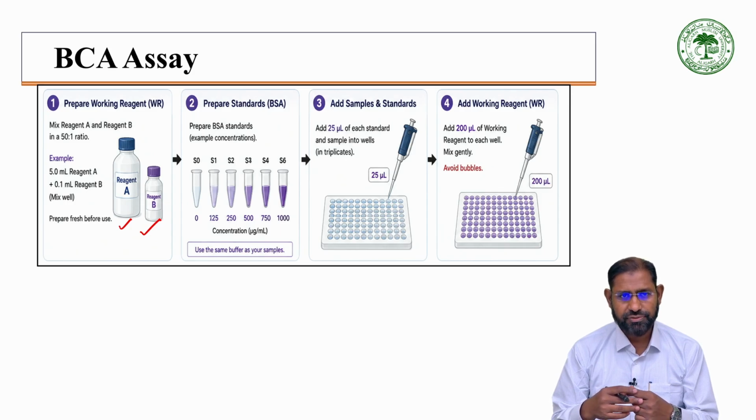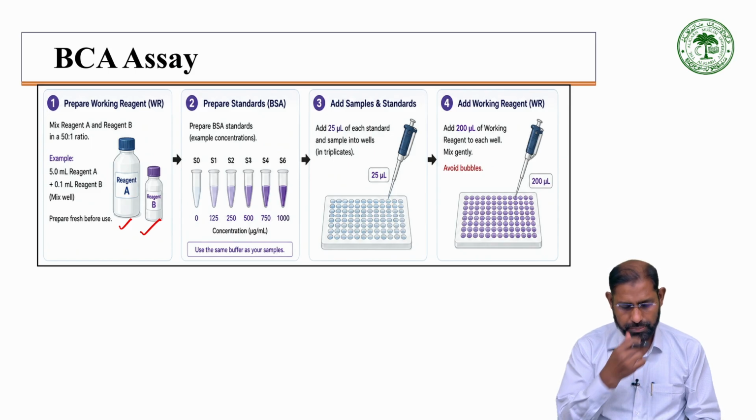The reagent A is 50 and reagent B is 1. For example, if we take 5 ml of reagent A, then we add 0.1 ml of reagent B, and we mix well. And whenever we perform any protein quantification, we have to freshly prepare the working reagent.